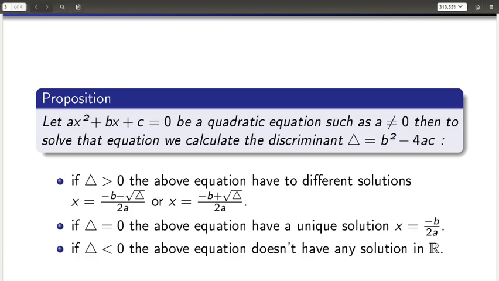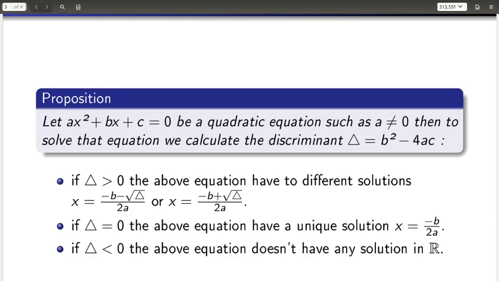The first solution is x equal to minus b minus the square root of delta, all over 2a. And the second solution is x equal to minus b plus the square root of delta, over 2a.